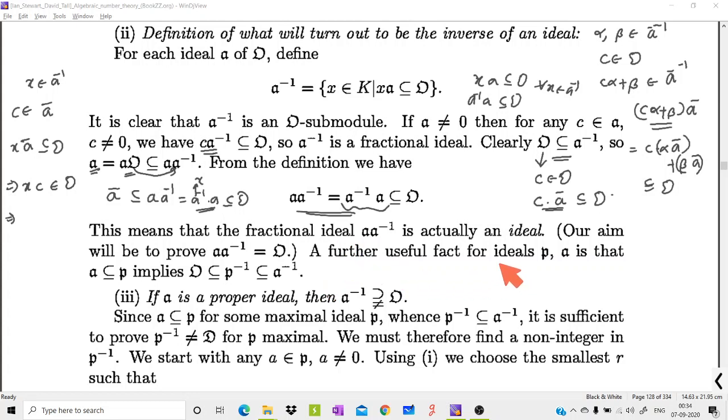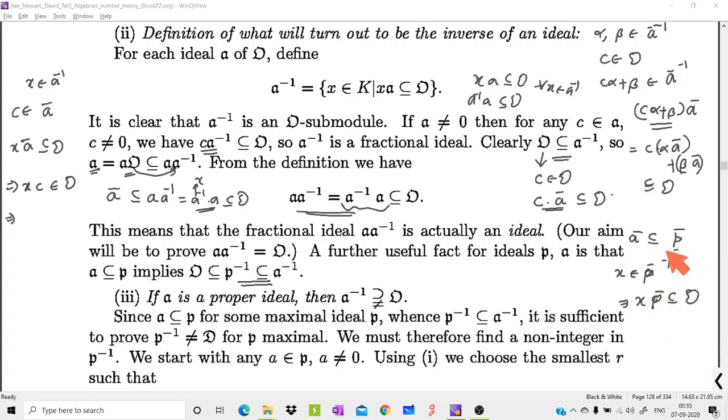Another useful fact for the ideals P and A is that if A is contained in P, this implies P inverse is contained in A inverse. Okay, that is very obvious. If we consider two ideals, A is contained in P, then once you consider an element X from P inverse, X belongs to P inverse means XP is contained in O. This is the definition of P inverse.